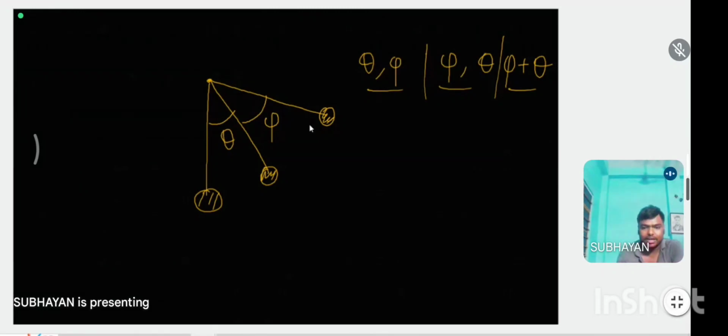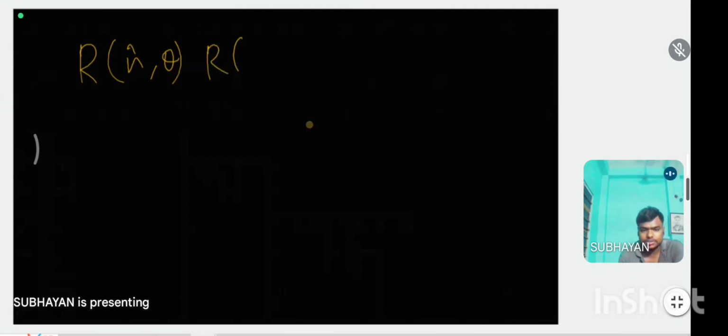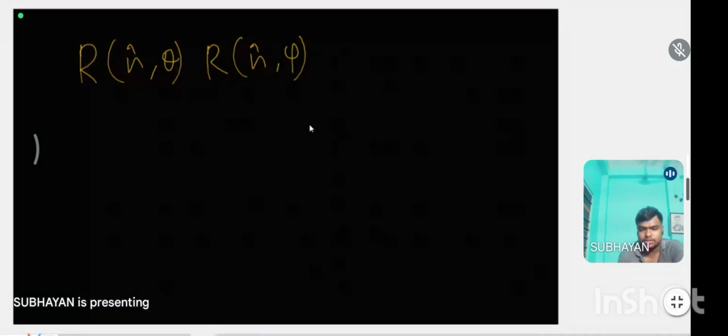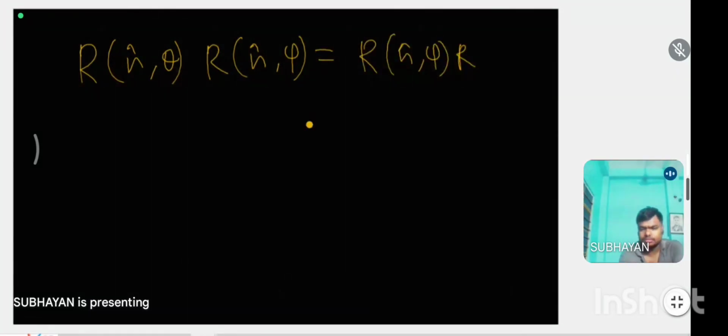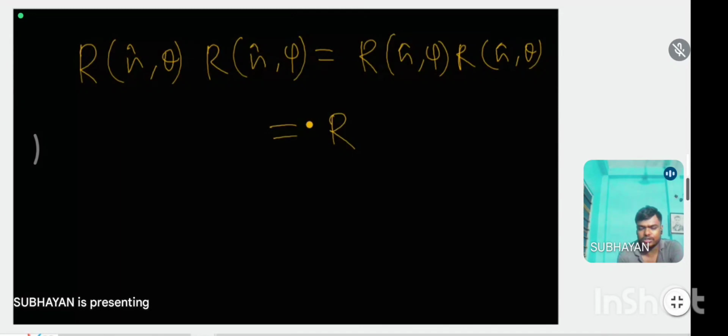So mathematically, it should follow that R(n, theta) R(n, phi) should be equal to R(n, phi) R(n, theta), and that should also be equal to R(n, theta plus phi). That must be followed by the rotation matrix if you think on physical grounds. Otherwise, it will not justify reality.